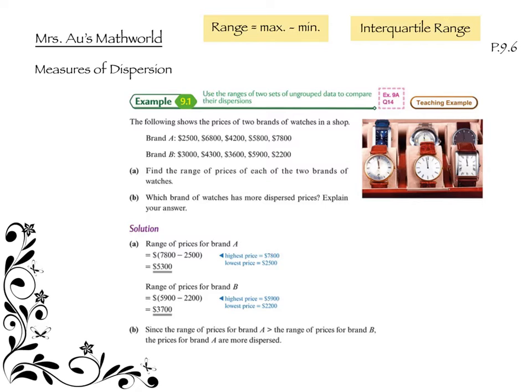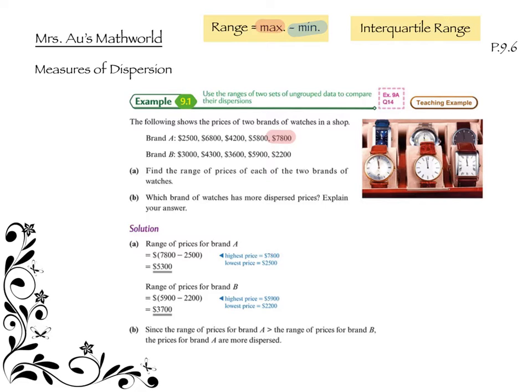In this example, you are asked to find the range. That means maximum minus minimum. Let me use two colors to represent it. Maximum, I use the red one, and the minimum, I will use the blue one. For brand A, the maximum is $7,800.